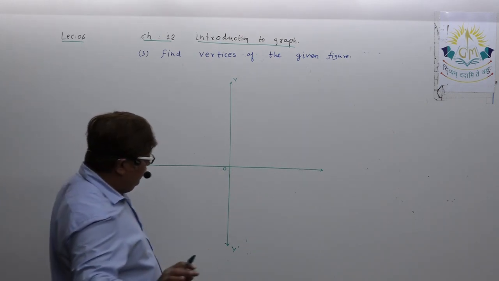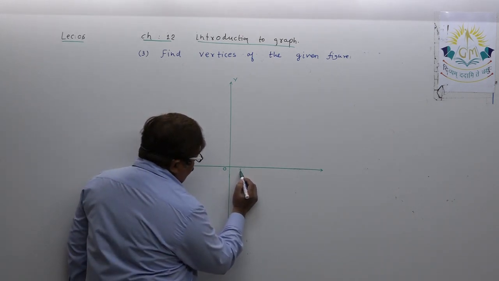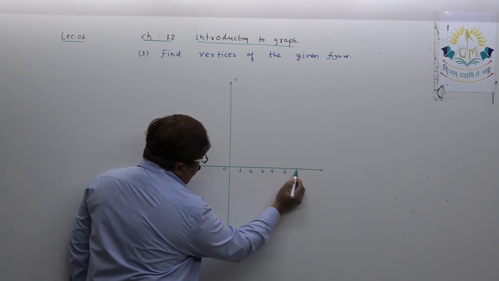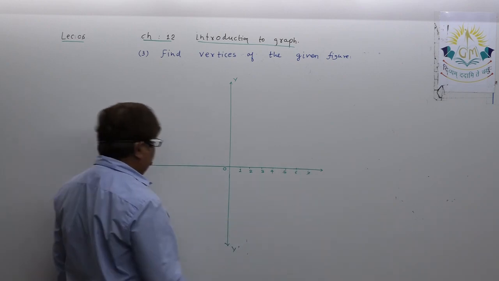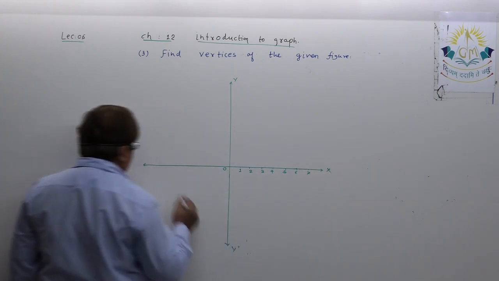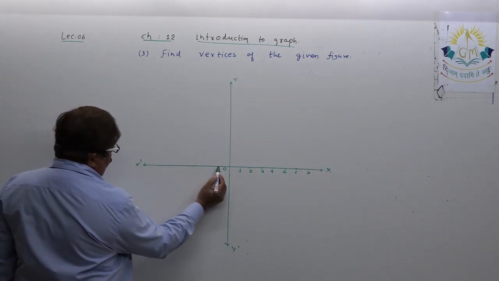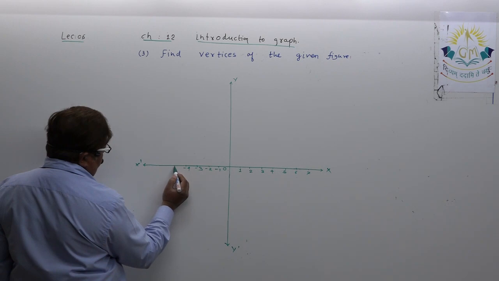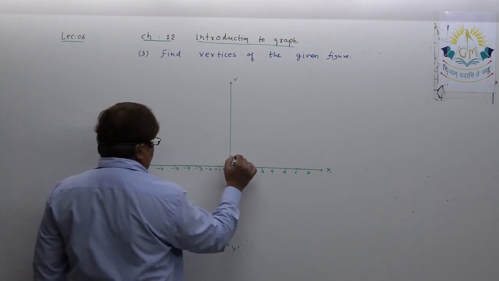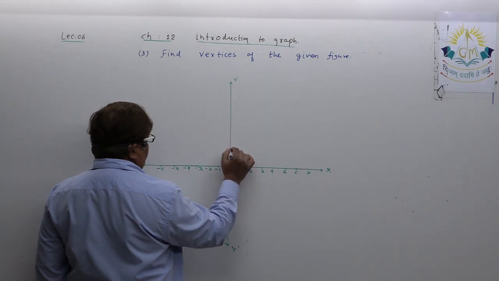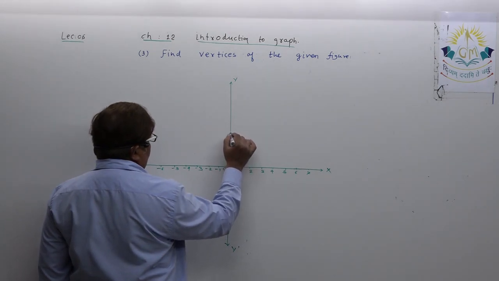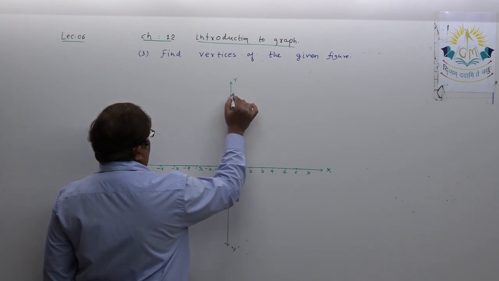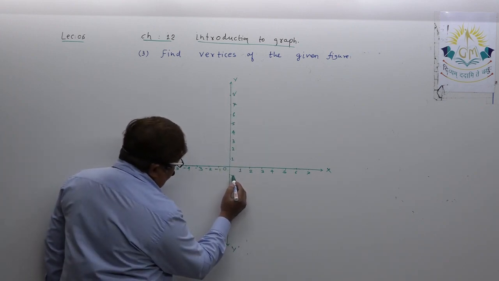Let us write the coordinates. Write positive x coordinate, x dash, negative x coordinate, positive y coordinates, negative y coordinates.